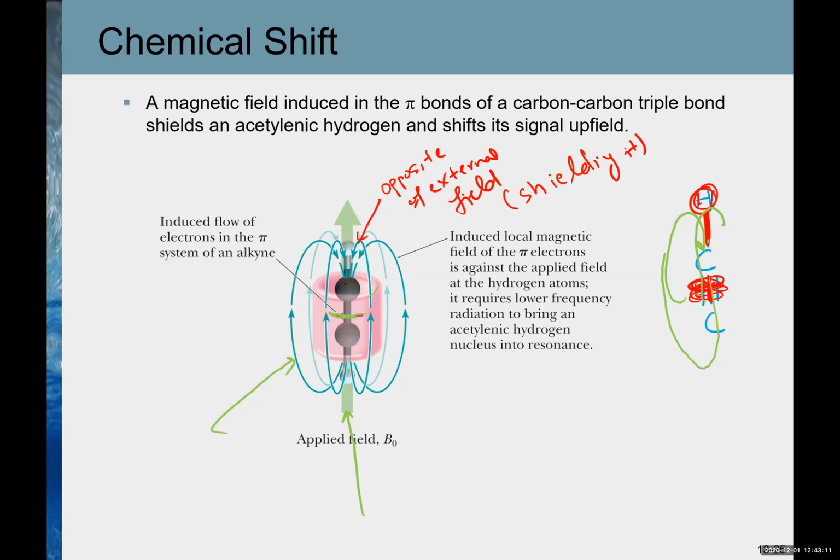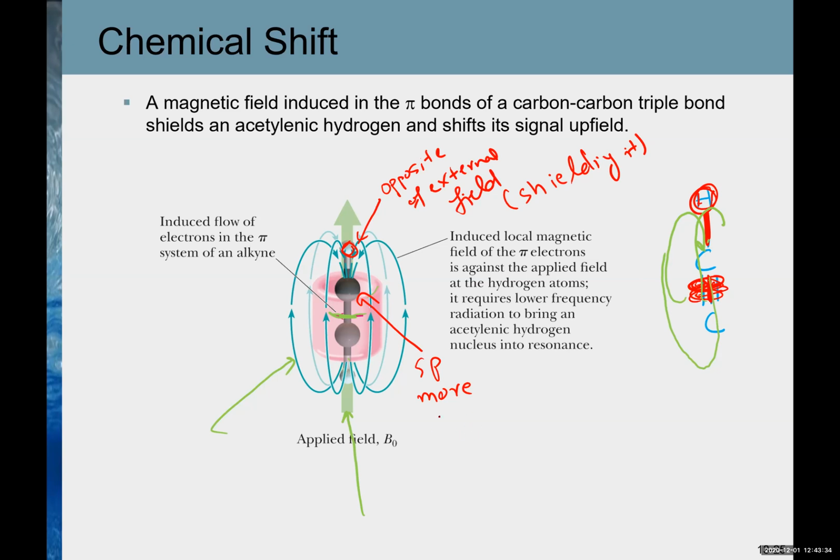Even though this proton is connected to an sp hybridized carbon, and sp is more electronegative and is supposed to pull the delta value down, because of the ring current it gets more shielding.